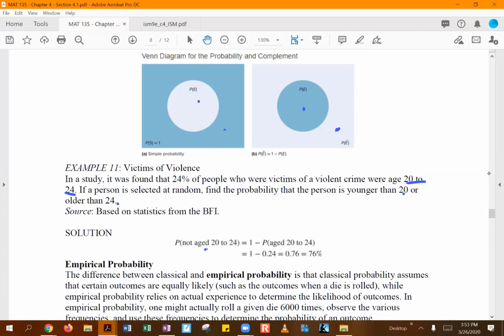So that's 1 minus 24%, which as a decimal is 0.24. 1 minus 0.24 is 0.76. Or as a percent, you can say it's a 76% probability that if you select a person at random, they are going to be aged less than 20 or older than 24.